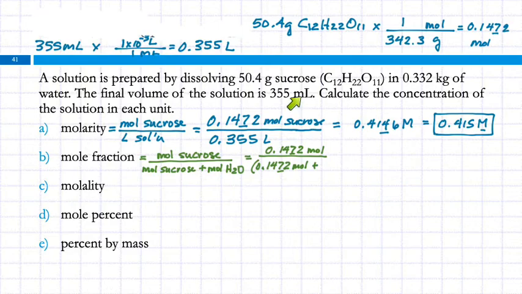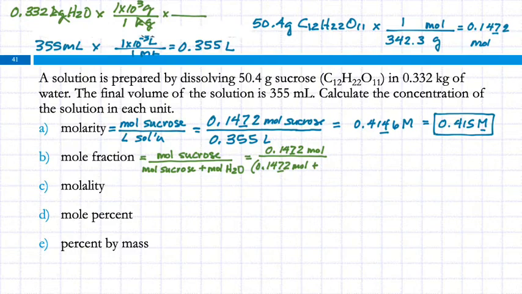Well, I've got the volume of the solution, but that doesn't help me out here. But they did tell me the mass of water in kilograms. So I can convert that into moles. So 0.332 kilograms of water. I need to change that into grams of water. So kilograms on the bottom, grams on the top. 1 kilogram is 1 times 10 to the 3 grams.